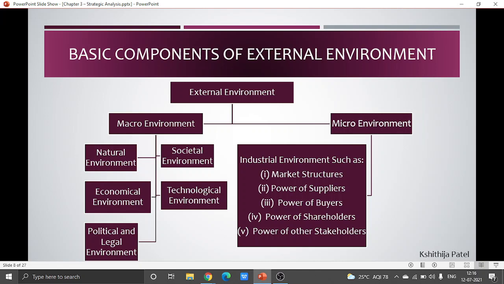Now this currency convertibility may affect a multinational concern's ability to repatriate profits. So there are a number of economic variables that can help an organization to determine its prospects in the future.